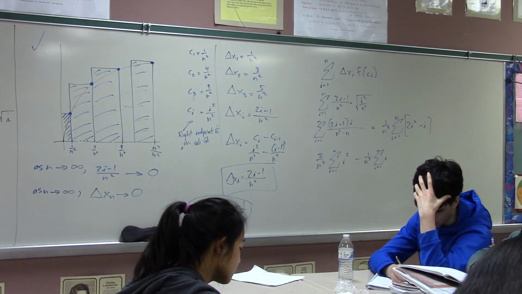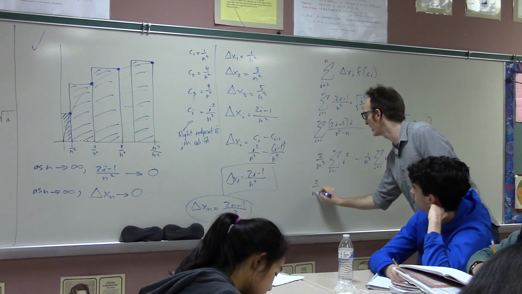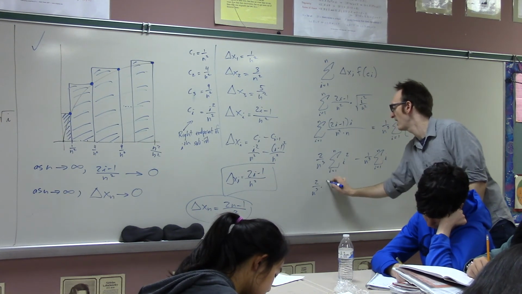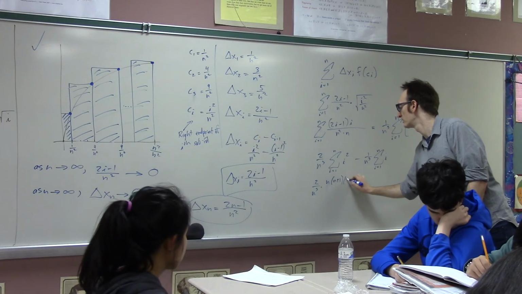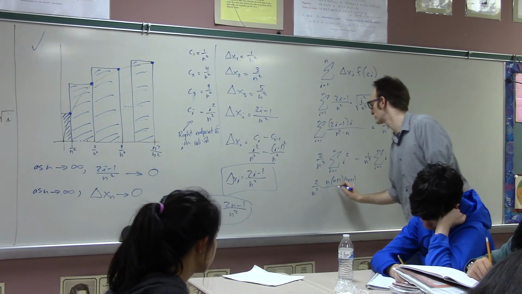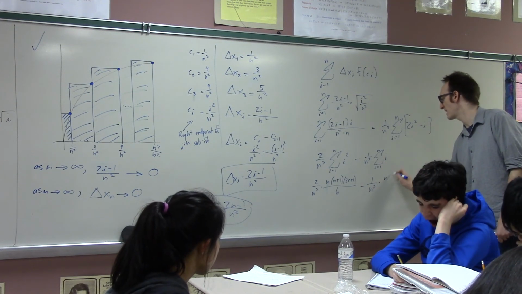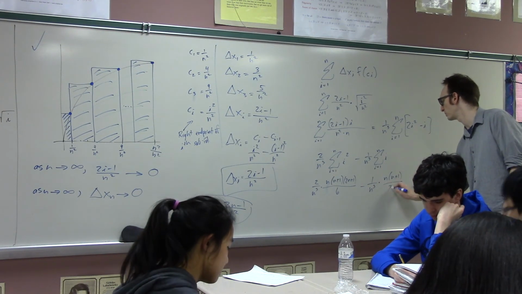And from here we know what to do. This is 2 over n cubed times n times n plus 1 times 2n plus 1 over 6, minus 1 over n cubed times n times n plus 1 over 2.